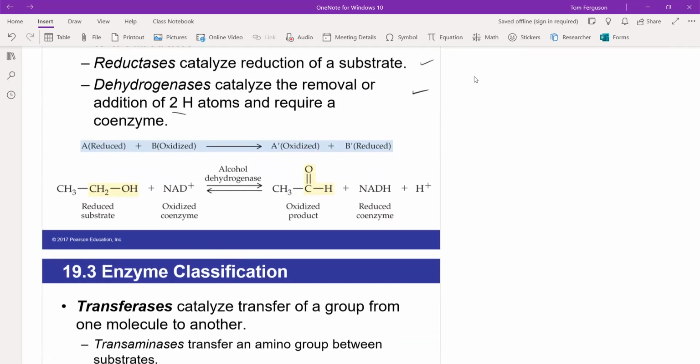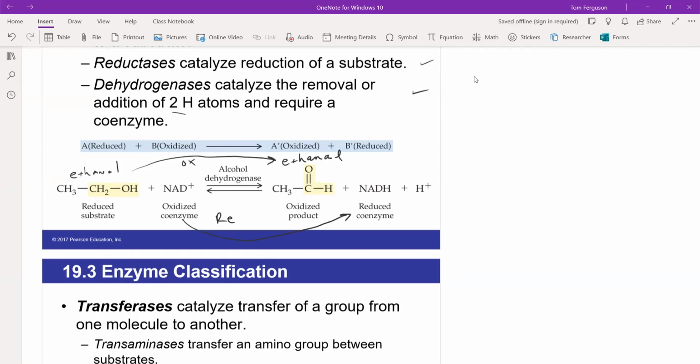We have ethanol, and we have ethanol, aldehyde. Okay, so that's being oxidized.